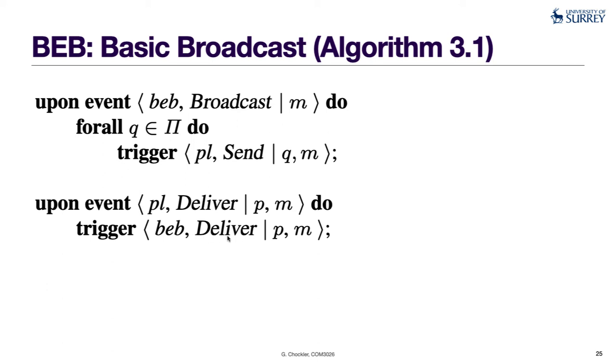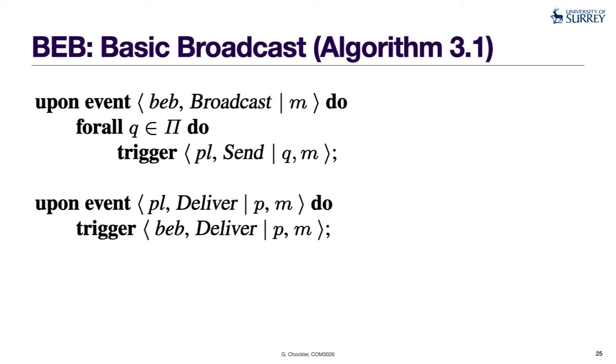Whenever that happens, in this line here, we immediately take the message that we received and we trigger the best effort broadcast deliver to the application. So this is a very simple implementation, and I hope it is clear.